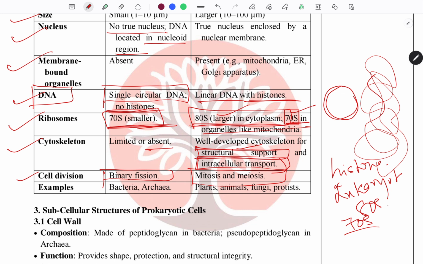Examples for binary fission, or prokaryotic organisms, are bacteria and archaea, which we discussed before. Bacteria are prokaryotic organisms, you know that, and archaea are a kind of bacteria very similar, almost nearer to eukaryotic organisms, but we can't consider them eukaryotes because they do not have complex cells.